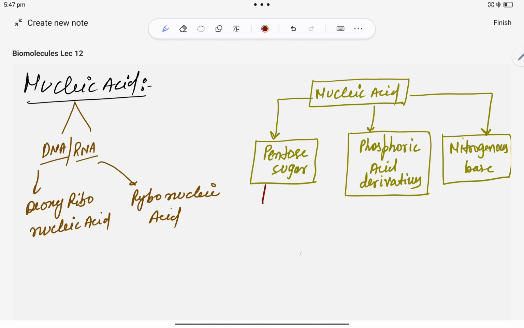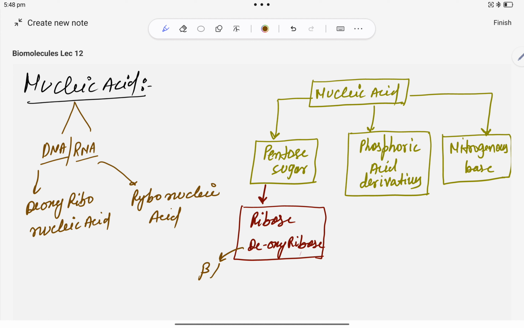In the pentose sugar we will use ribose and deoxyribose, both in beta form.